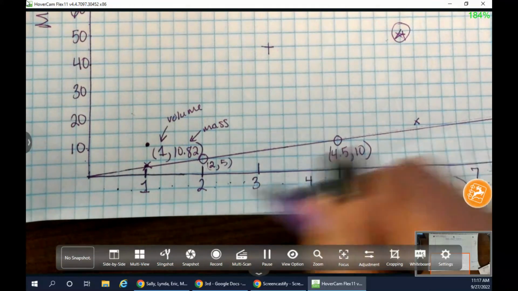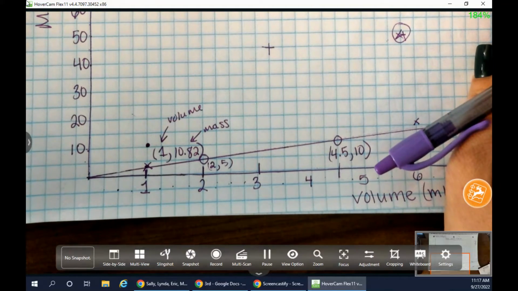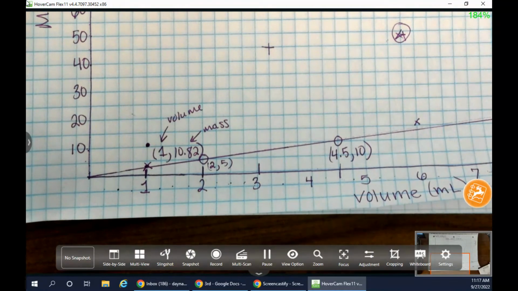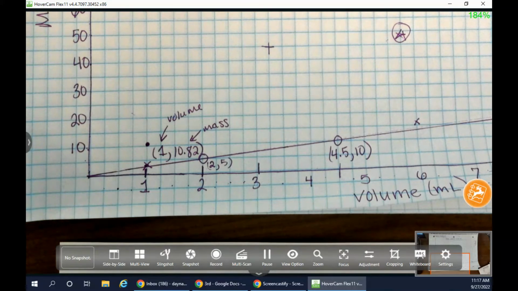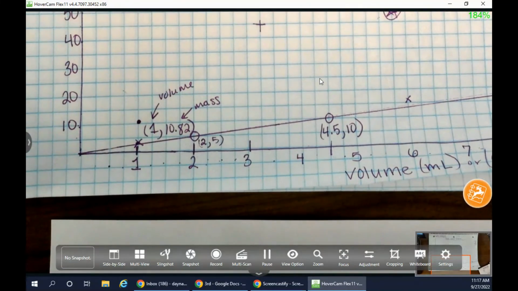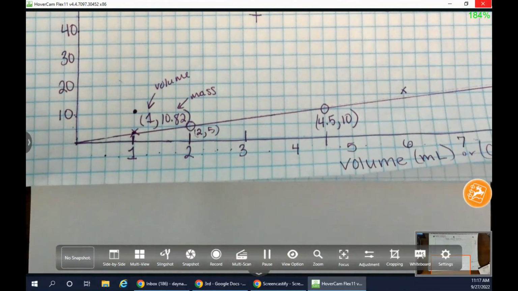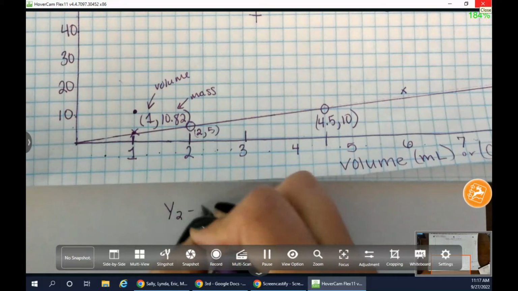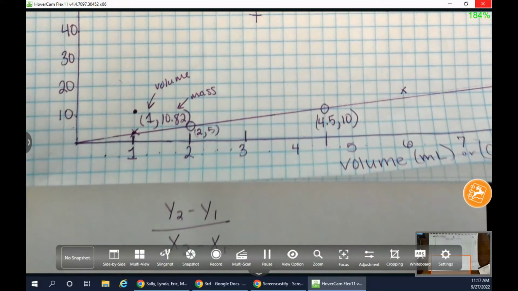Once you have those 2 numbers, then you're moving into the slope formula, okay? So your little slope formula, as we had previously discussed, let me move my screen up just a little bit. There we go. All right. So slope formula is y2 minus y1 all over x2 minus x1.